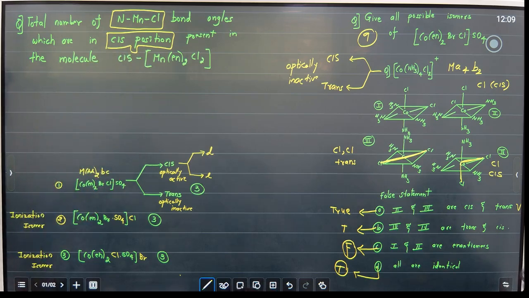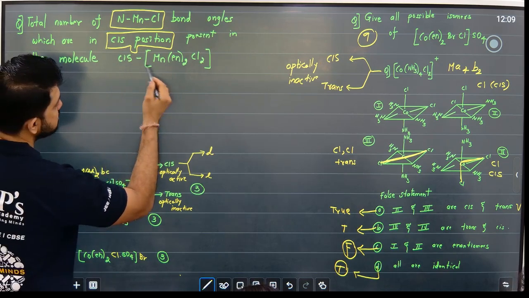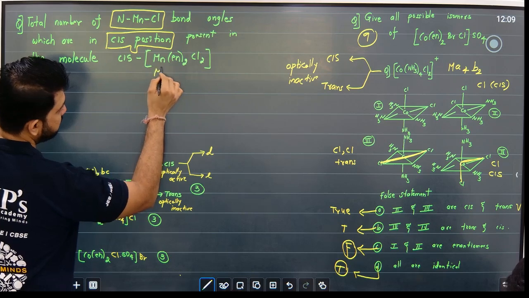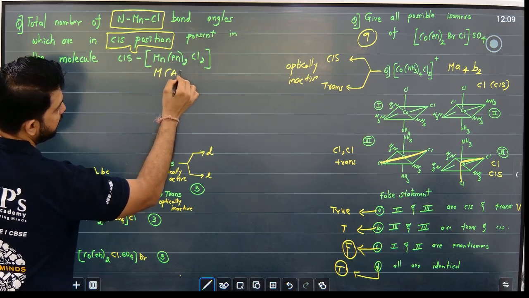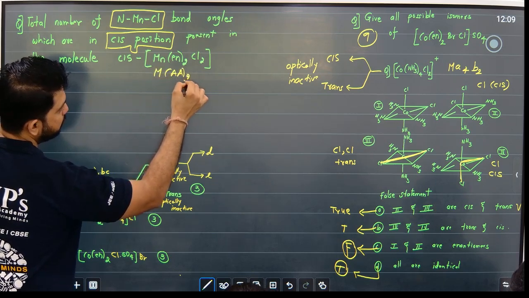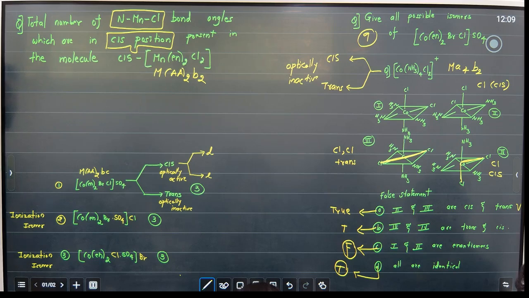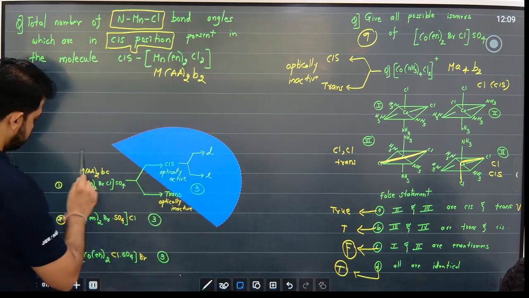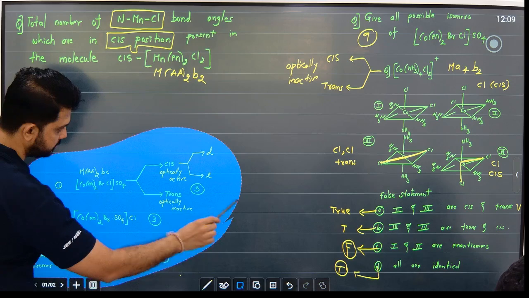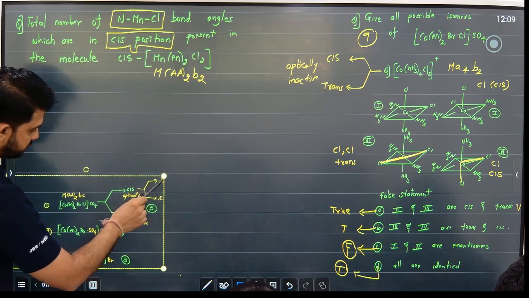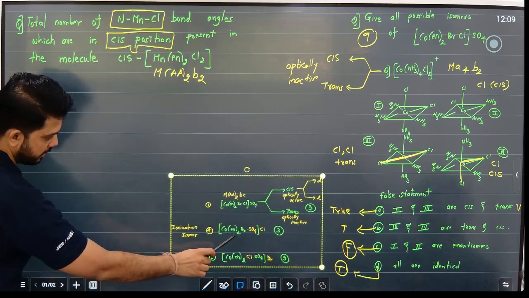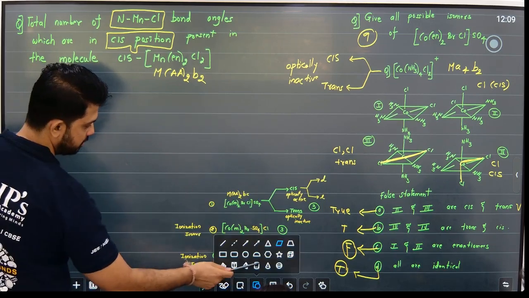What angle are we looking for in cis? 90 degrees. So that is of which form? MAA2B2. So how was the structure of this MAA2B2? Let's draw it here.